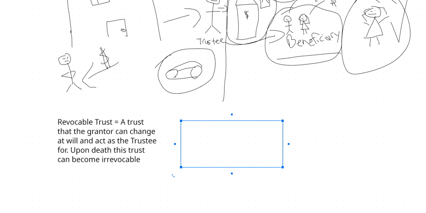Right? The trustee cannot be the grantor. That's another rule about these irrevocable trusts. When a grantor puts stuff into an irrevocable trust, he is forfeiting the right to the property forever. It's no longer his in any way, shape, or form. In a revocable trust, it could be considered to be his still because he could always take it back.